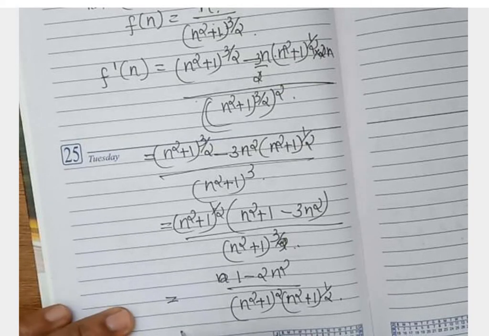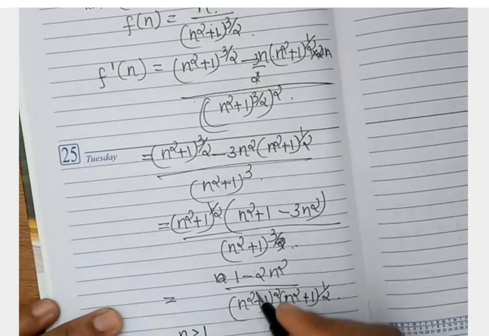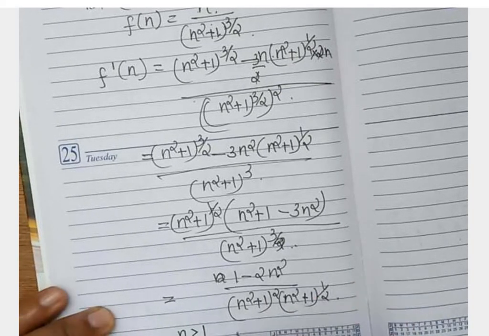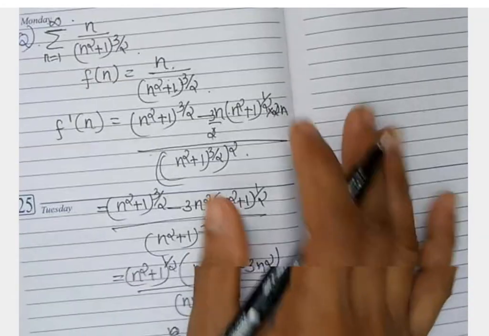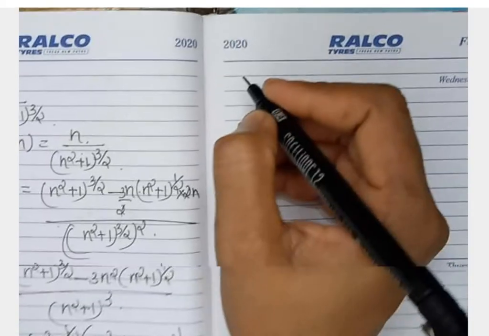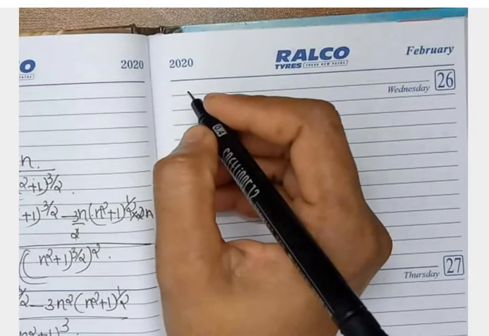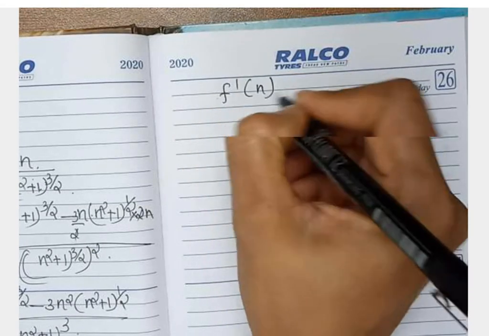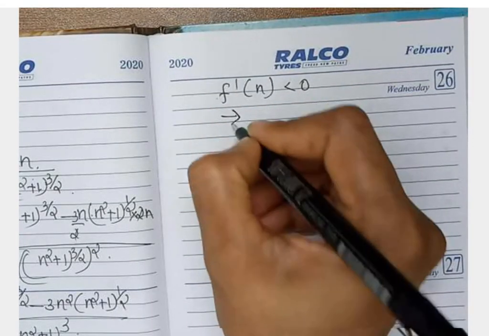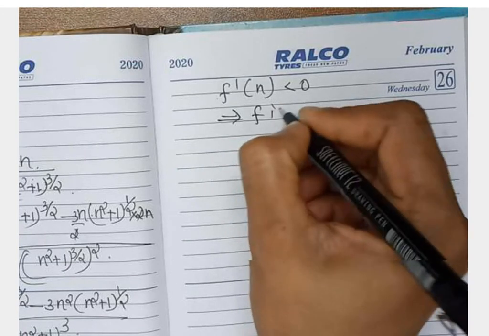Here n is greater than 1, so 1 minus 2n² is always less than 0. So f' is less than 0, which implies f is decreasing.